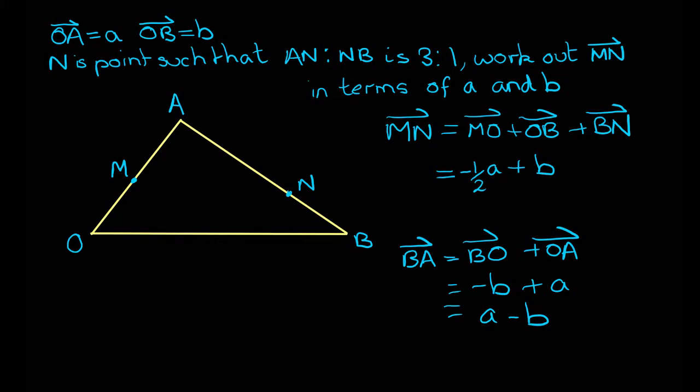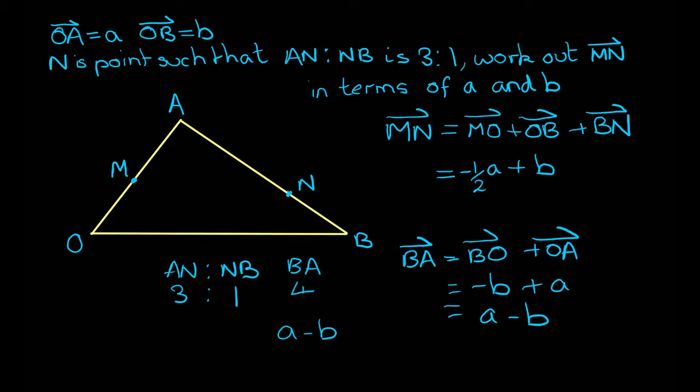So having worked out the vector BA, we've now got to work out the vector B to N, using that ratio that we were given at the top. So we're told that AN to NB is 3 to 1. Like our total vector, if we want to think about it in that way, is BA. That is worth A minus B. How many parts have we got altogether?